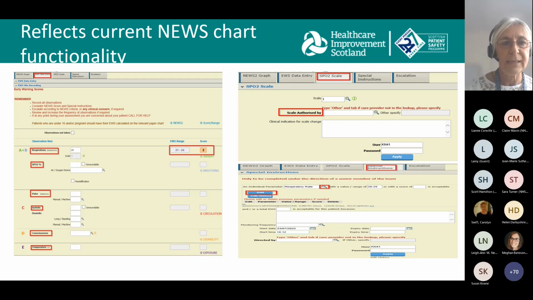We are entering the data into a tab within the track system, which adds up the scores as we go.